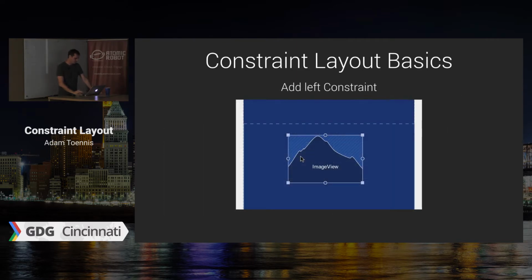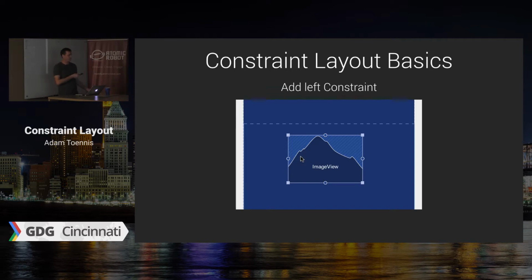This is just a quick little GIF to show you how to add a left constraint in the GUI editor. This is a snippet taken out of the editor, and you'll see these little bubbles on the sides. If you want to constrain it to the parent container, you just grab right here, drag over to here, and let go.